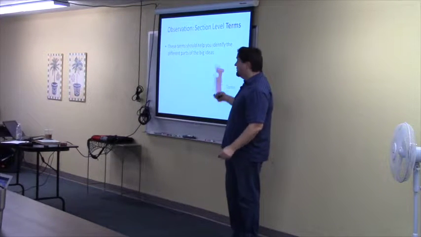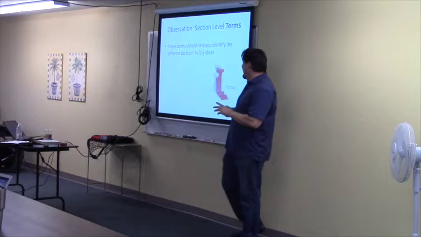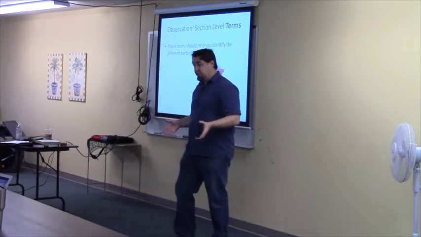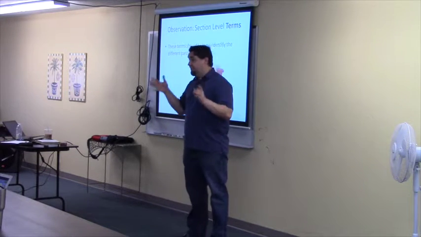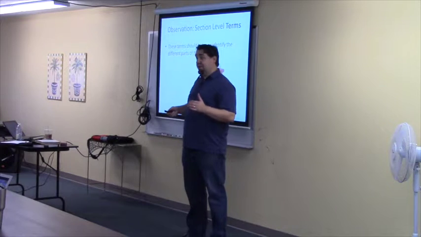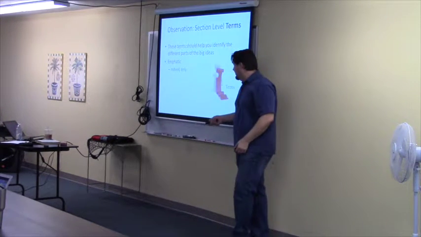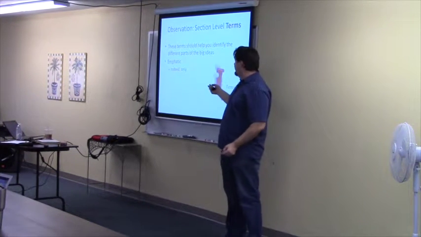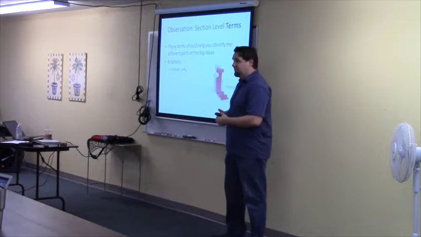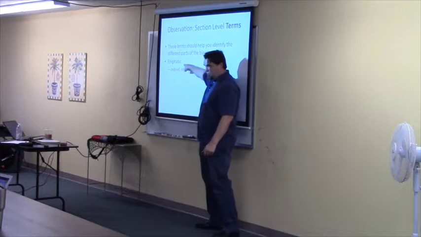So I've got some terms here that will help you identify different parts of the big ideas. We noticed when we had our discussion earlier that words like for and but were a big deal in order to help you understand the flow of the sections. So look for different terms. Again, I don't want you to worry about having to memorize what type of term it is.